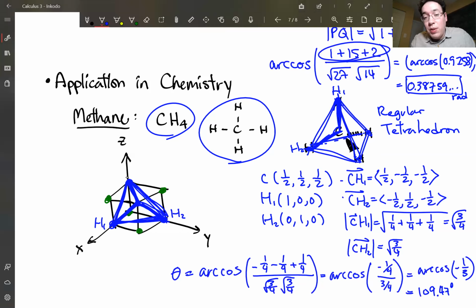So if you have taken a chemistry class, you might have memorized this number, 109.47 degrees, and that's the angle of the hydrogen bonds on our methane. I thought that was a pretty cool thing to calculate. So I think I'll end the video here. See you later.